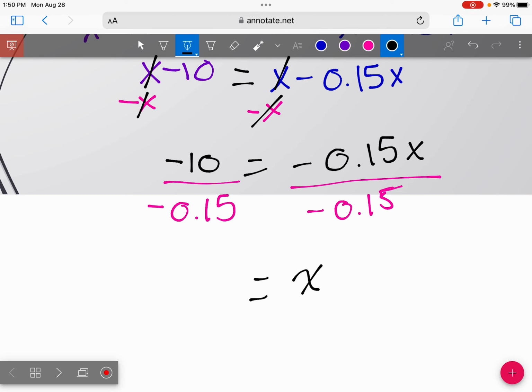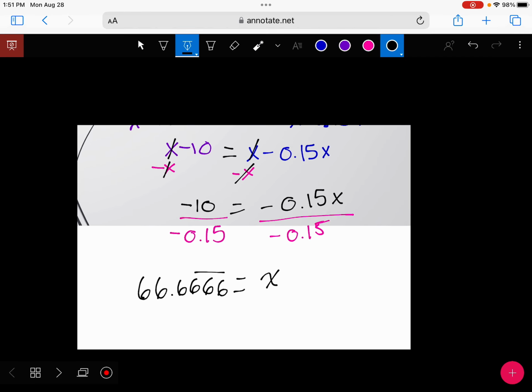Negative 10 divided by negative 0.15. What do we get? $66.666 repeating. I'm putting on the 6 on there. There we go.